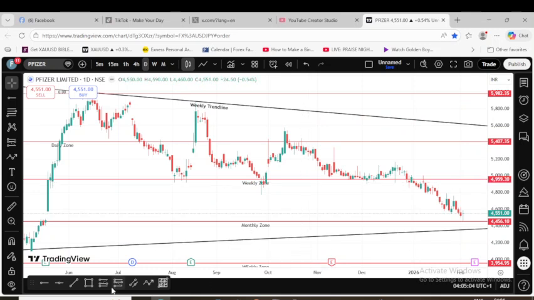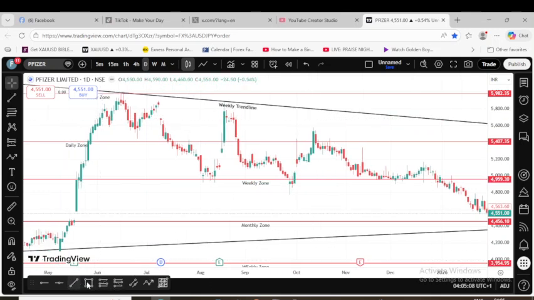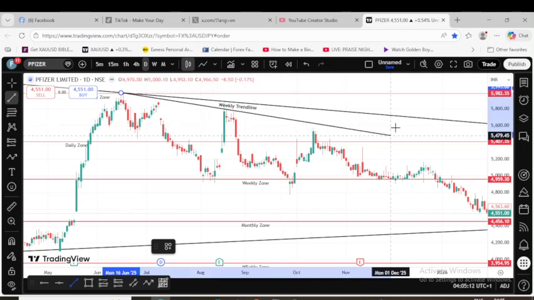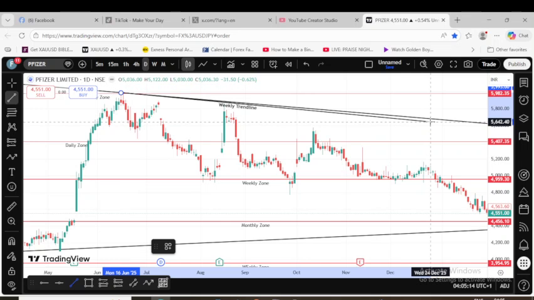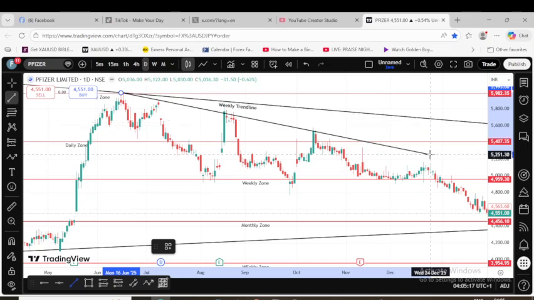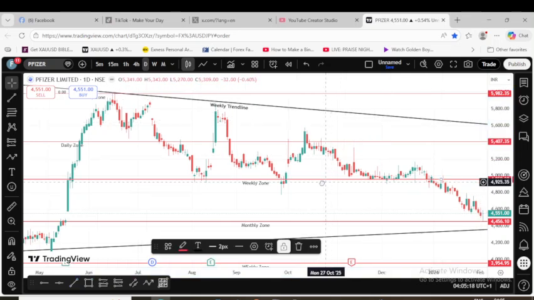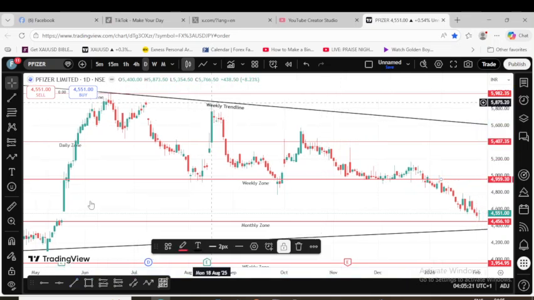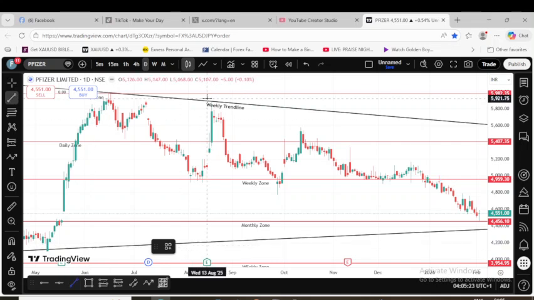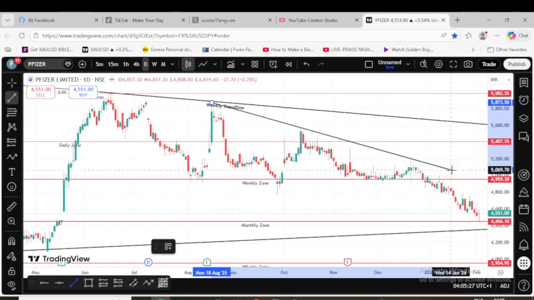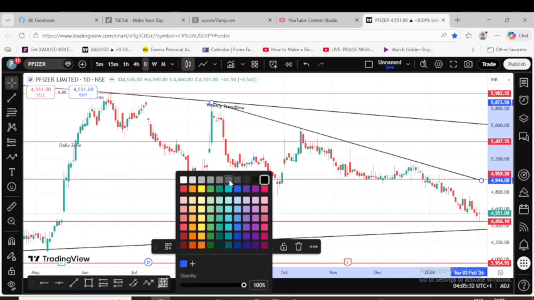So we can clearly draw a trend line. Hold on. We can clearly draw a trend line from this point down like this. Or better, maybe I think we can draw a trend line from here, like this. So this is now our daily trend line.